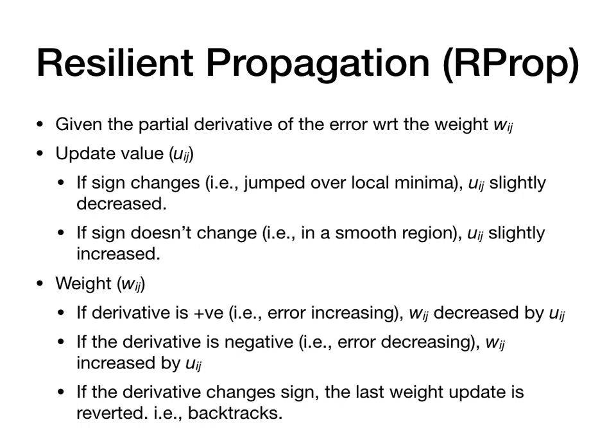And if the derivative changes sign between the last update and this update, then we've hit a hole, and we need to reverse the last weight update, so it sort of backtracks. So it automatically speeds up or slows down the learning depending on what the surface looks like.